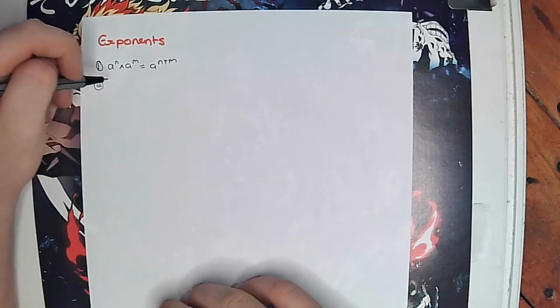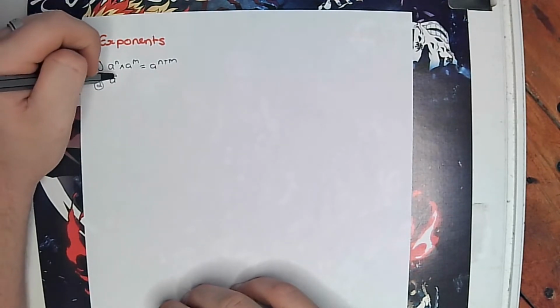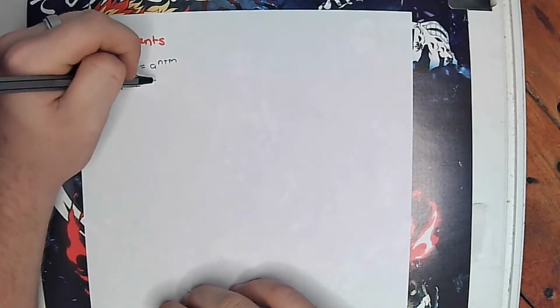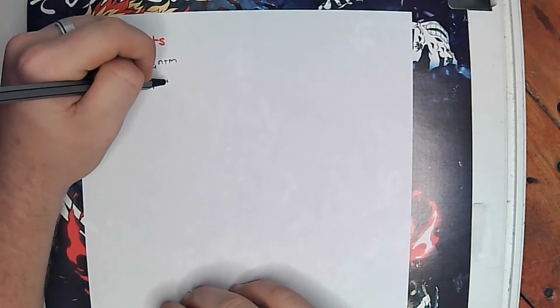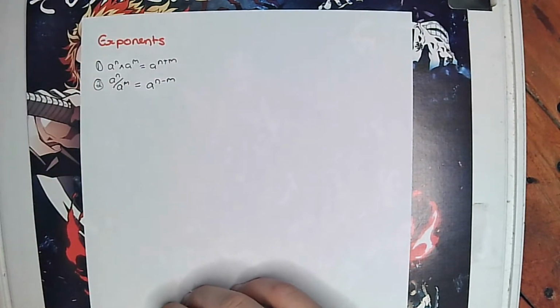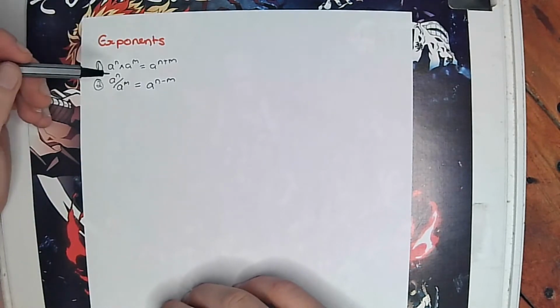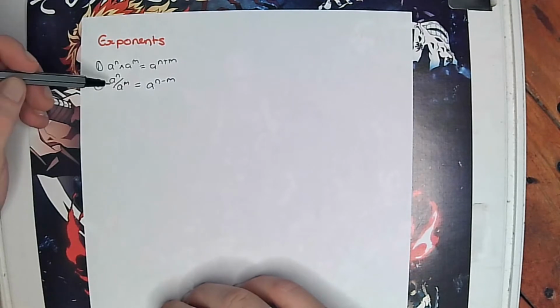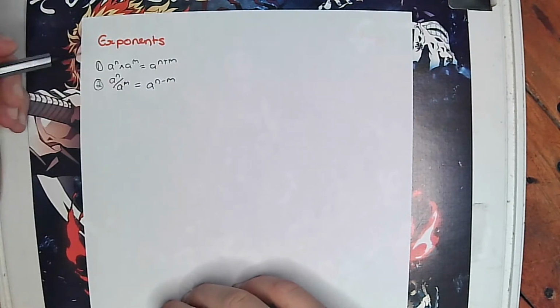One very similar to that is if I have something like a^n over a^m, I can rewrite it as a^(n-m). Very similar to the one above, same base law still applies. If I have the same base, divide, I can subtract their exponents.